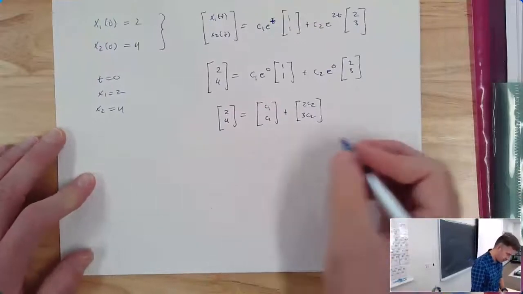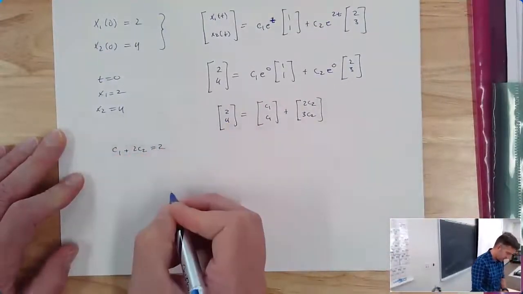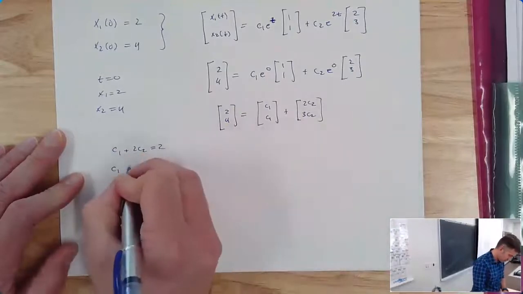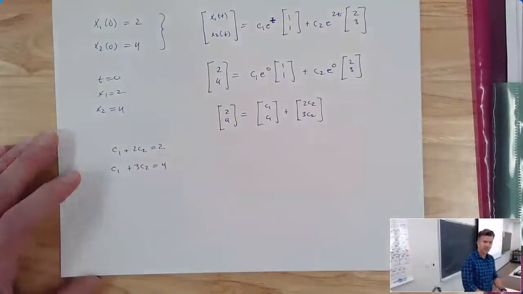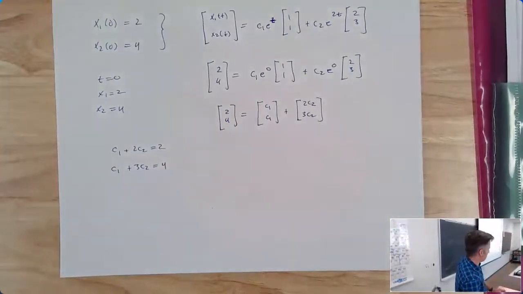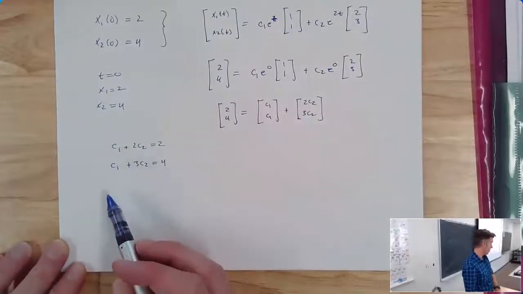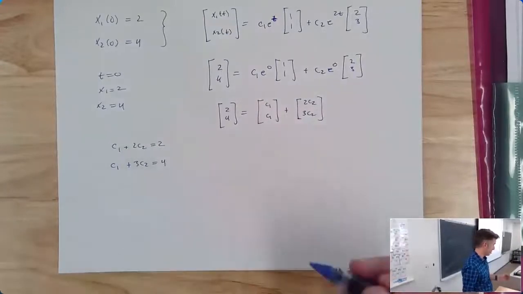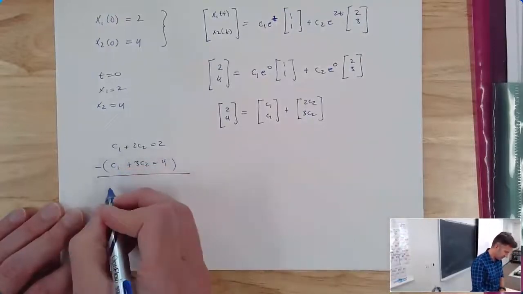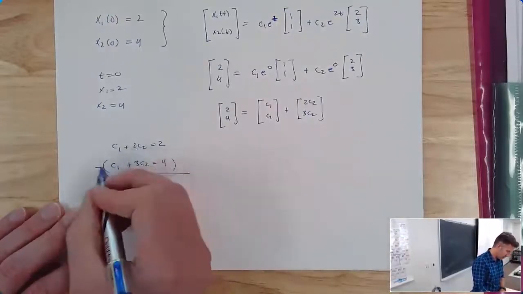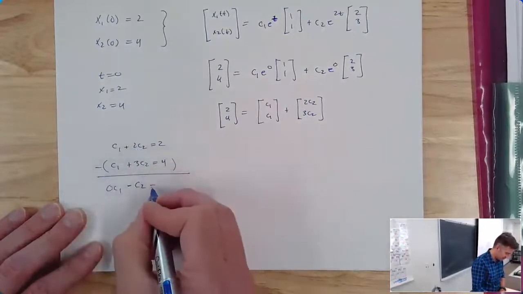So I have two equations. I have the equation c1 plus 2c2 equals 2. I have the equation c1 plus 3c2 equals 4. Sometimes they're pretty easy to solve, and sometimes they're a little more work. This one's pretty easy because you can just subtract the first one minus the second one to cancel out the c1s. c1 minus c1 is 0, 2c2 minus 3c2 is negative c2, and 2 minus 4 is negative 2.